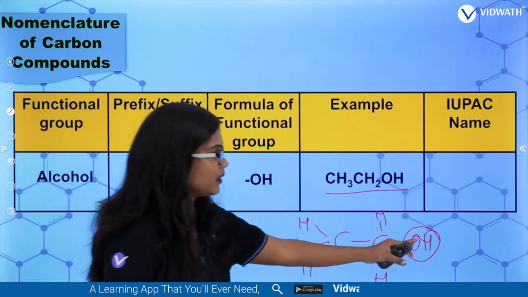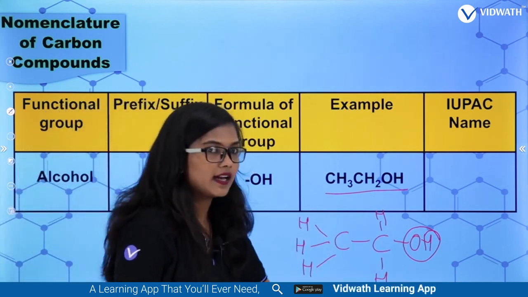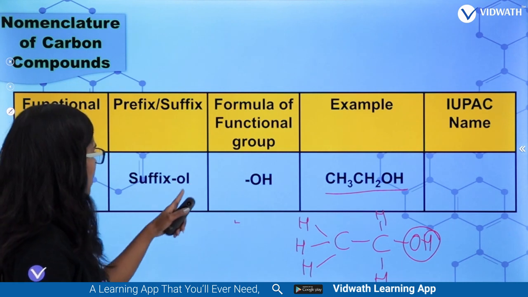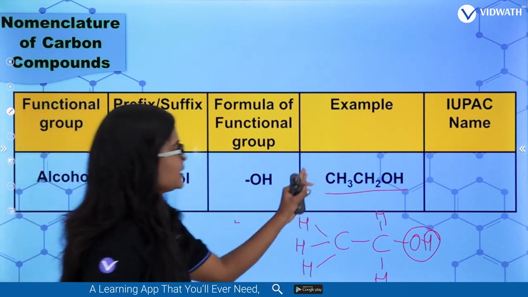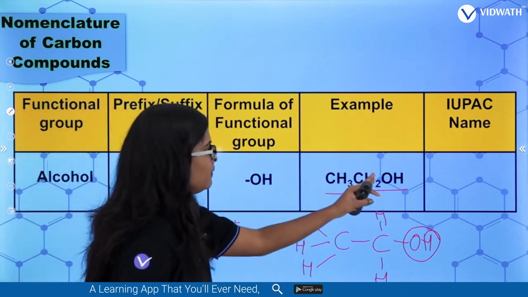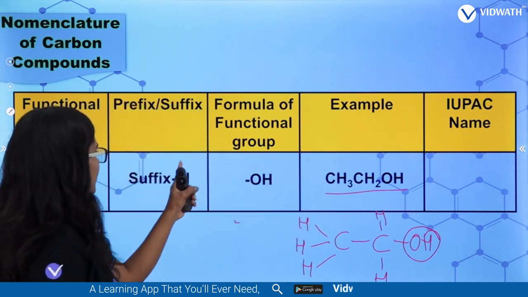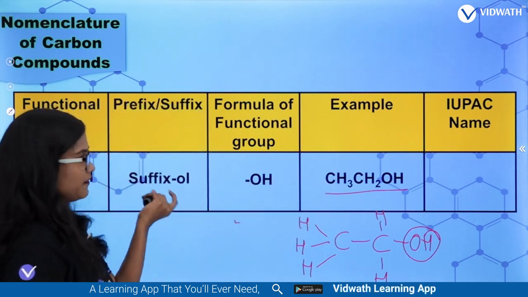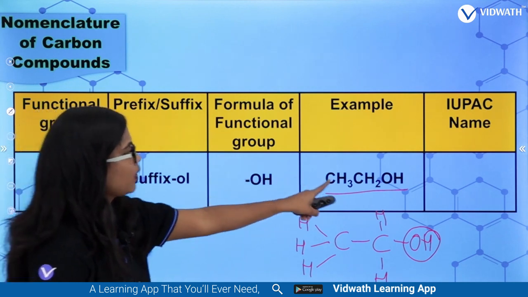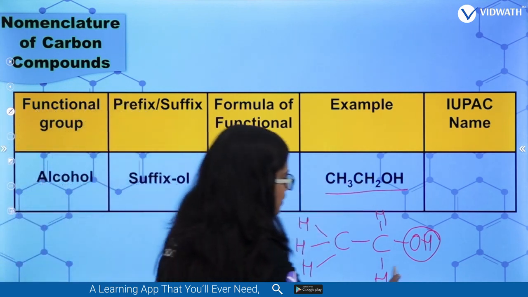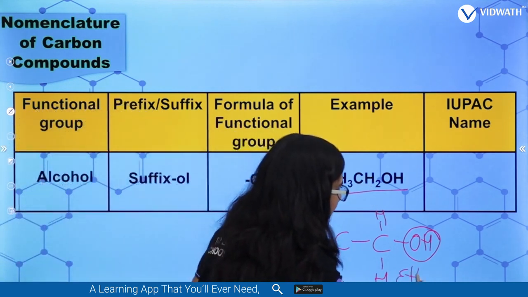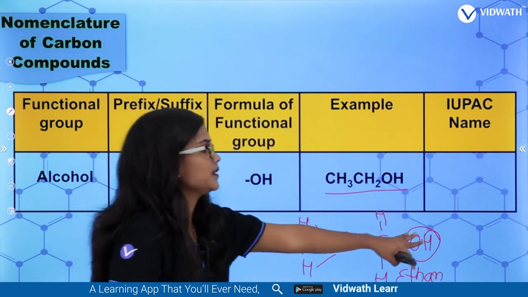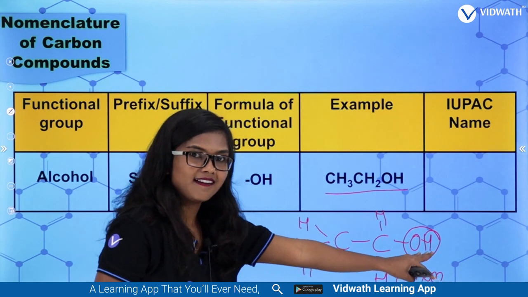Okay. How do we name a compound containing this? We use it as a suffix, "ol". So for this chain, we use this OH as the suffix "ol". How many carbon do we have? 2. So obviously it will be eth, as there is no hydrogen, and in place of hydrogen OH is there. Clear?